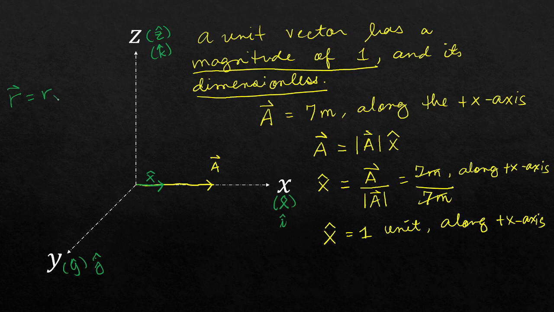So that will give us rx x hat plus ry y hat plus rz z hat. Okay, but for now we will be confining ourselves to a two-dimensional coordinate system.